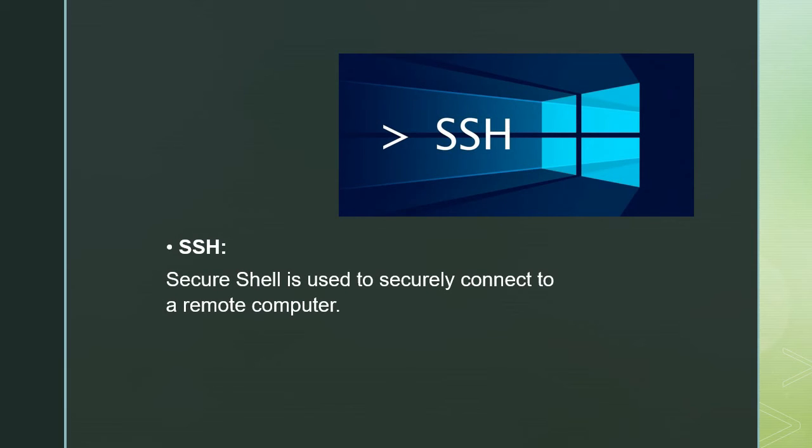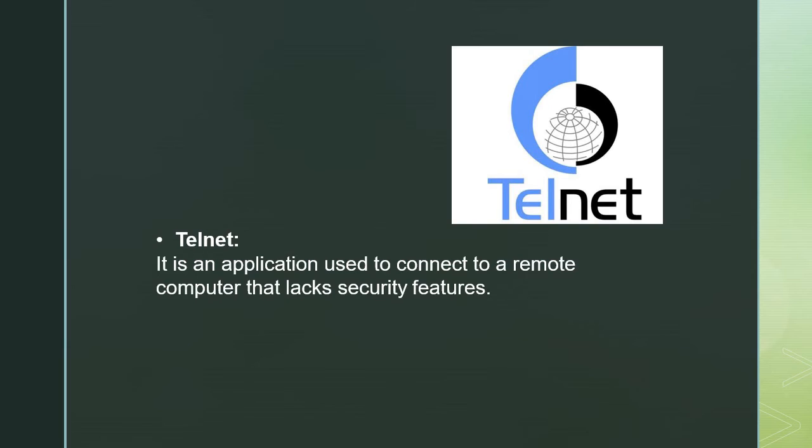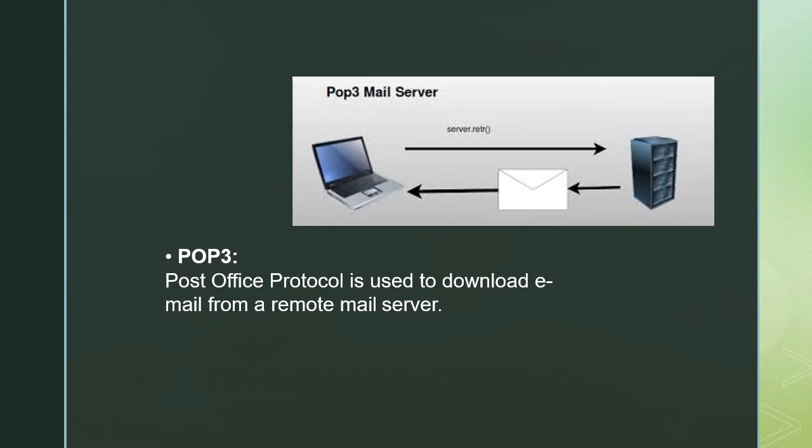SSH, or Secure Shell, is used to securely connect to a remote computer. Telnet is an application used to connect to a remote computer that lacks security features. We also have the POP3, or Post Office Protocol.